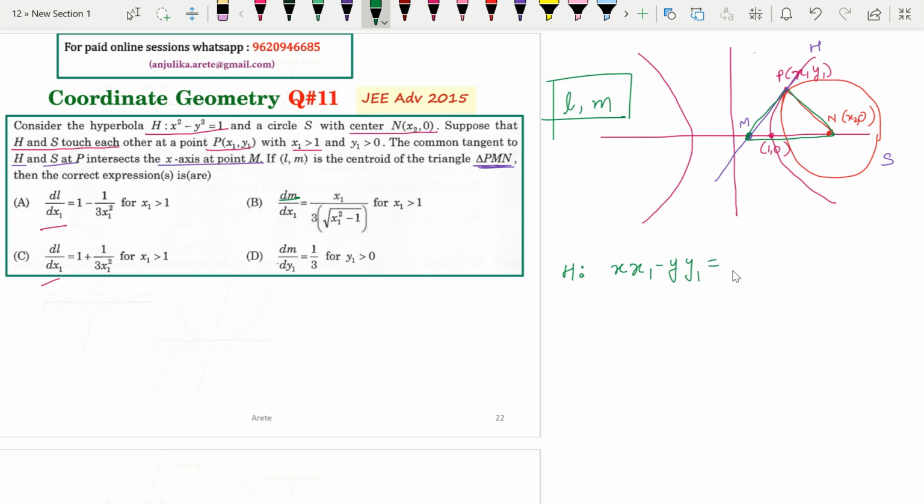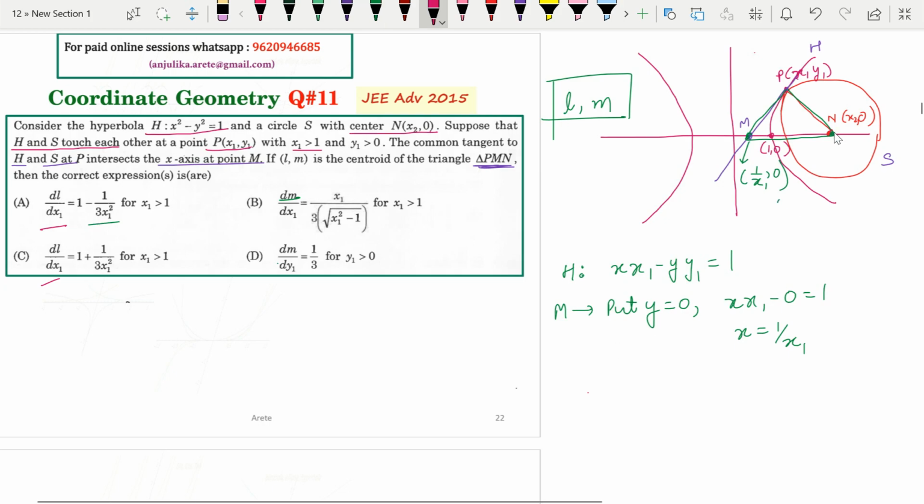That's the tangent. Now, to get M, M is on the x-axis, so put y is equal to 0. x x1 minus 0 is 1, so the x coordinate of that point is 1 by x1. The y coordinate is 0. So you already got M in terms of x1.